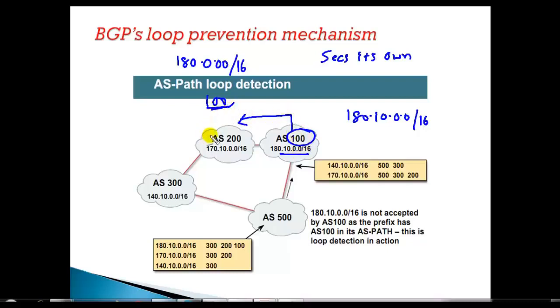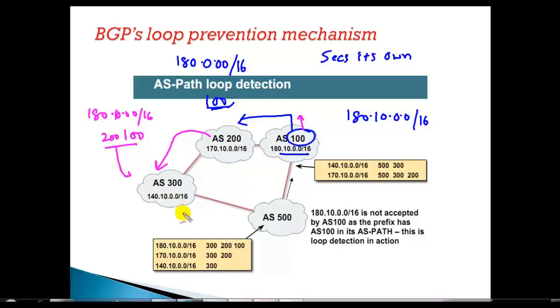And from there, when it reaches the other AS, now the same network 180.10.0.0/16 is going to carry the AS path information that it is coming from 100 here, and then reaching 200, and then finally reaching my AS.